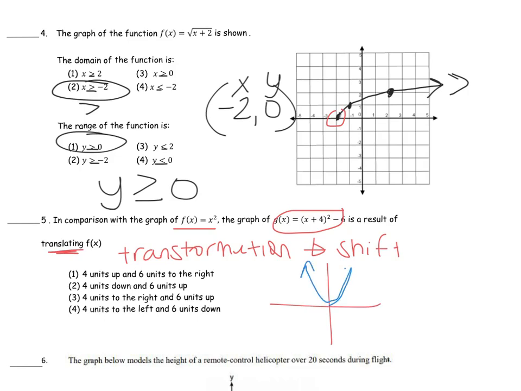It's the parent function. If you graphed this in your calc, you would have something that is moved over to the left and shifted 6 units down. So you'd have something that looked like this. Okay, so the effect is we're going to the left 4 and down 6. Choice 4.